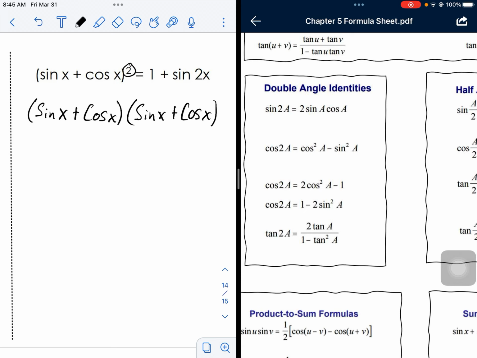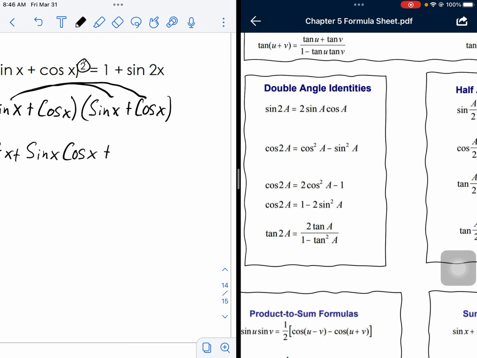And then we can distribute just like we did in that earlier one. So we get sine squared plus sine x cosine x plus sine x cosine x.